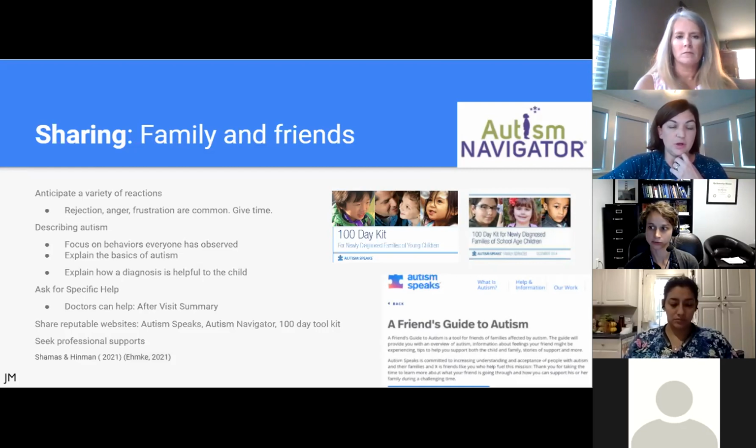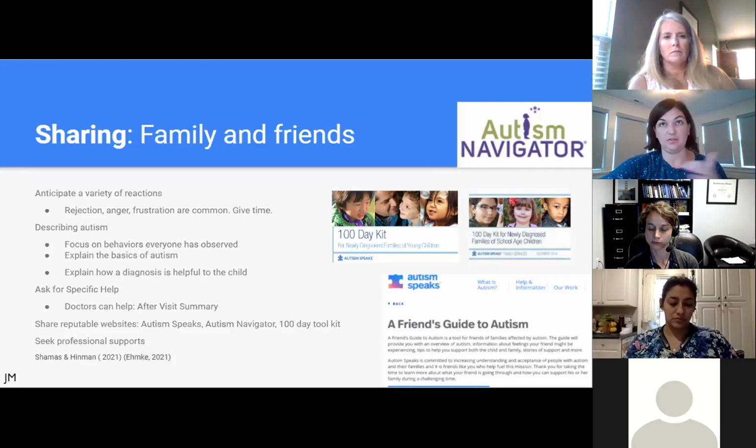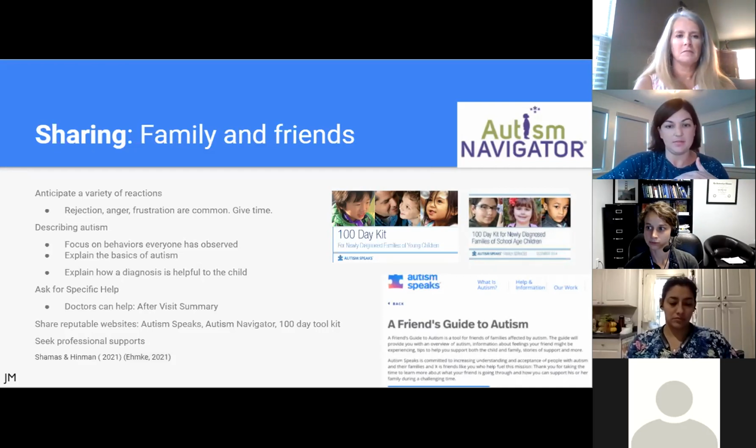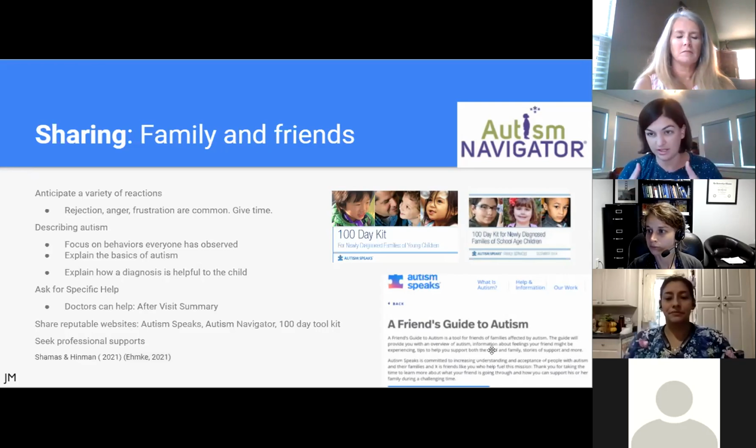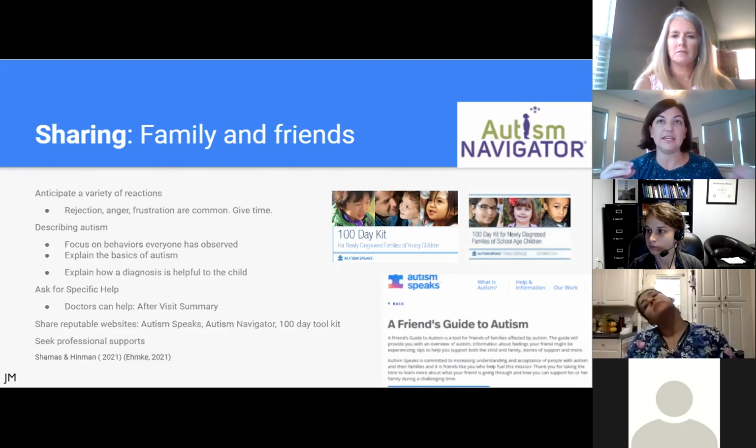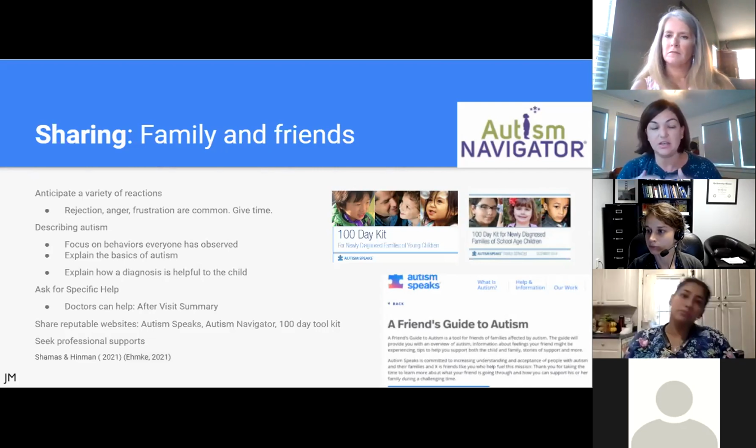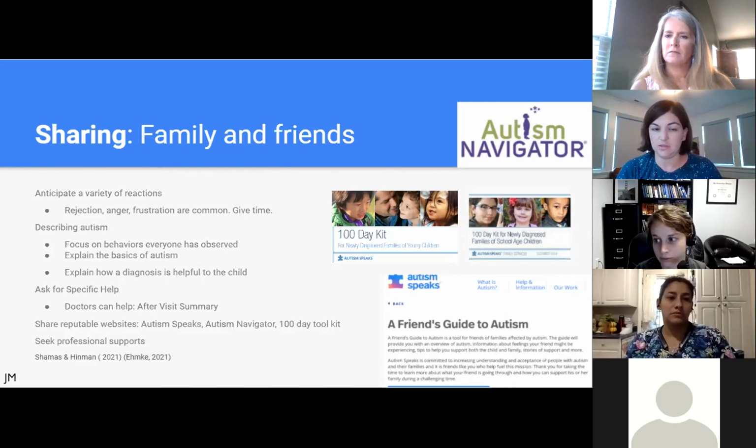Some of the suggestions that we researched are to anticipate that your family and friends will also have a variety of reactions, and so to give some time. And then describing autism, some basic information on understanding what is autism and linking the behaviors that they're seeing to the symptoms of autism can really help.